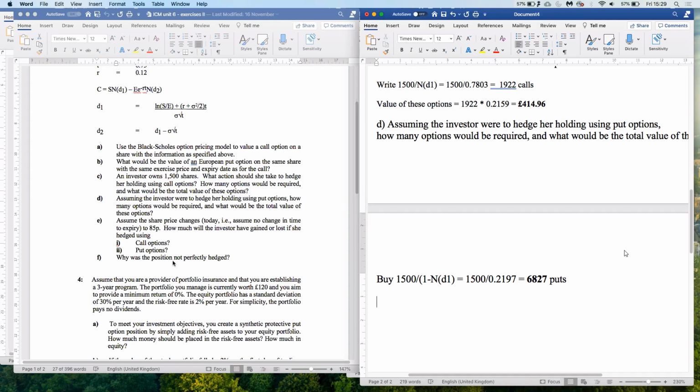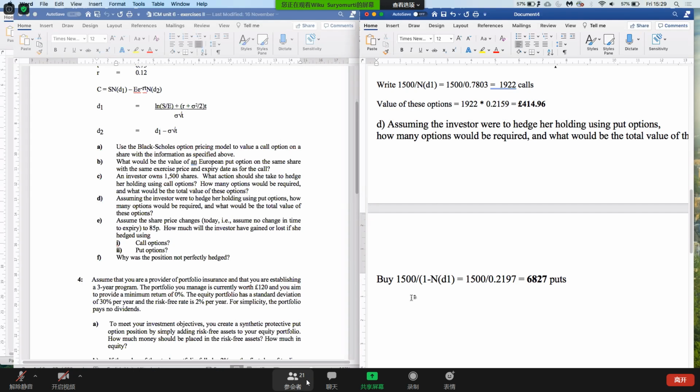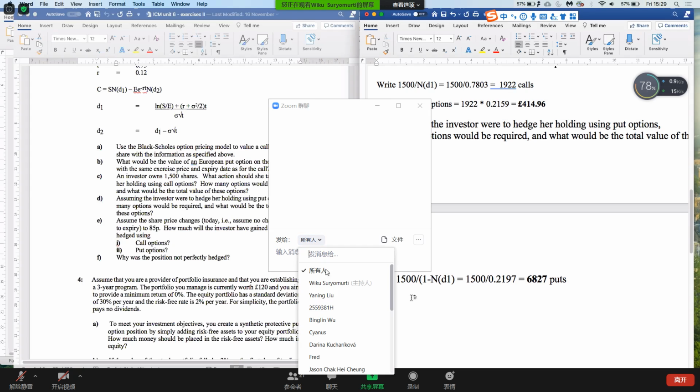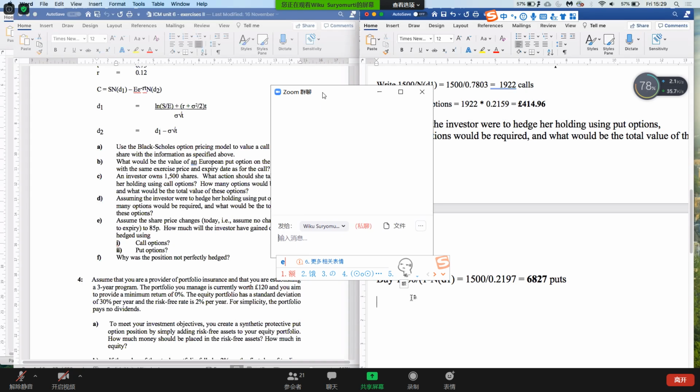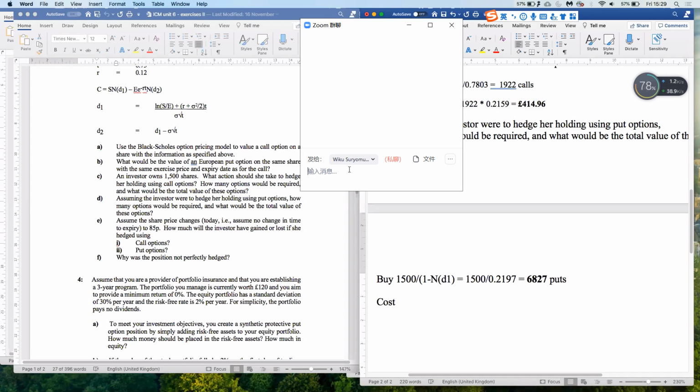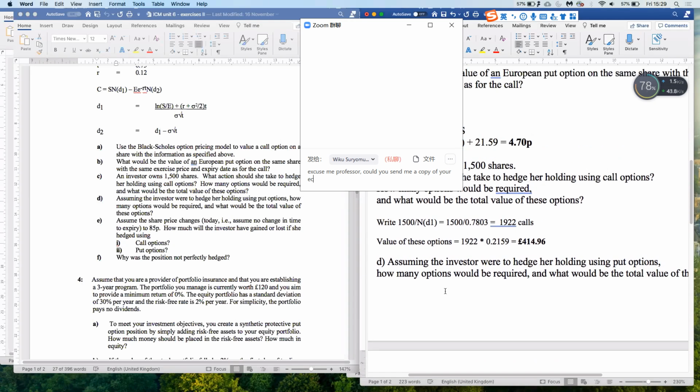Okay, move to what is the value of this put option. So the put option, you have symmetrical, the cost of the put option would be the number of puts, 6,827, multiplied by this.